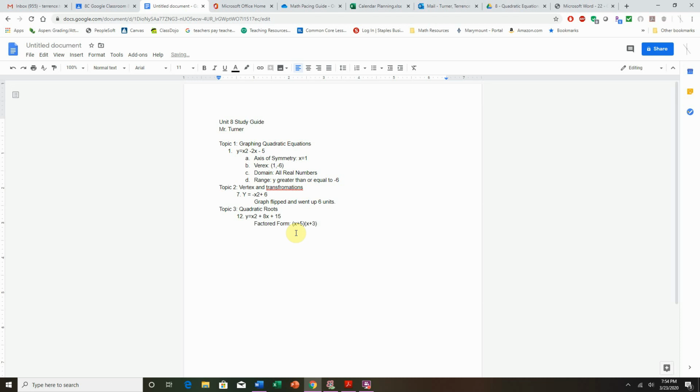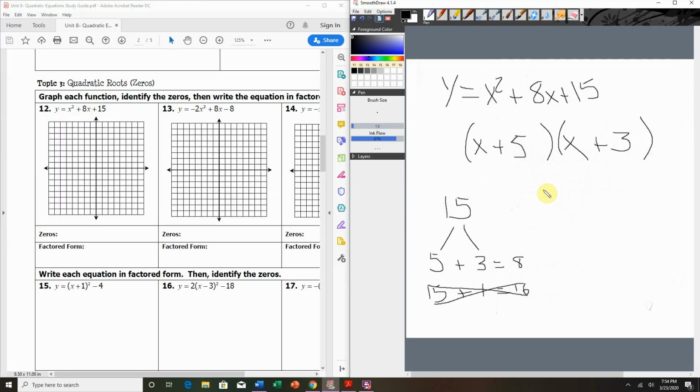And now we have to find the zeros. The reason I did the factored form first is because this helps us find our zeros a little quicker. In order to find our zeros, we take each one of our factors and set it equal to 0. So we have x plus 5 equals 0, and x plus 3 equals 0.